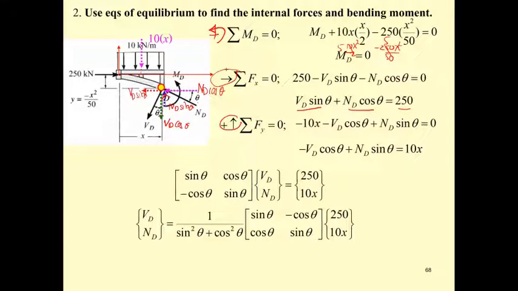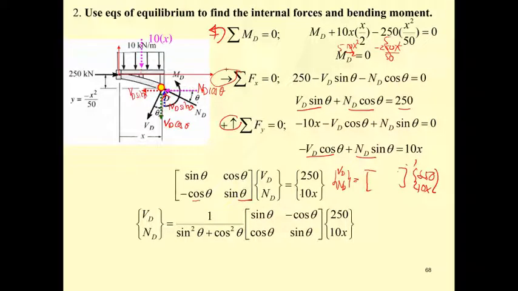And this is going to be minus cosine v sub d, and plus sine n sub d plus sine sub d equal to 10x. And to solve this, you have to inverse this. Put into this, you may see it's going to be v sub d, n sub d, and then it's going to be the inverse of this square matrix, times 250 and 10x.